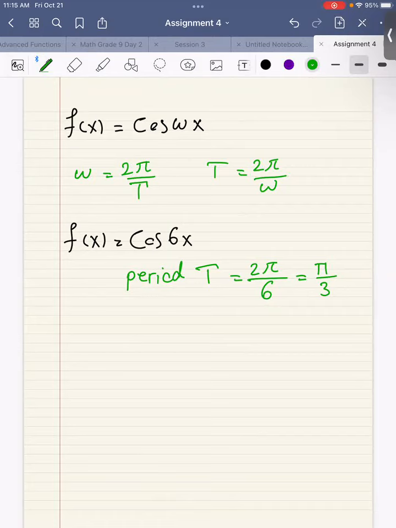Or if you have something like part B, sine of pi x, then again the period T would be equal to 2 pi over pi, which is equal to 2.